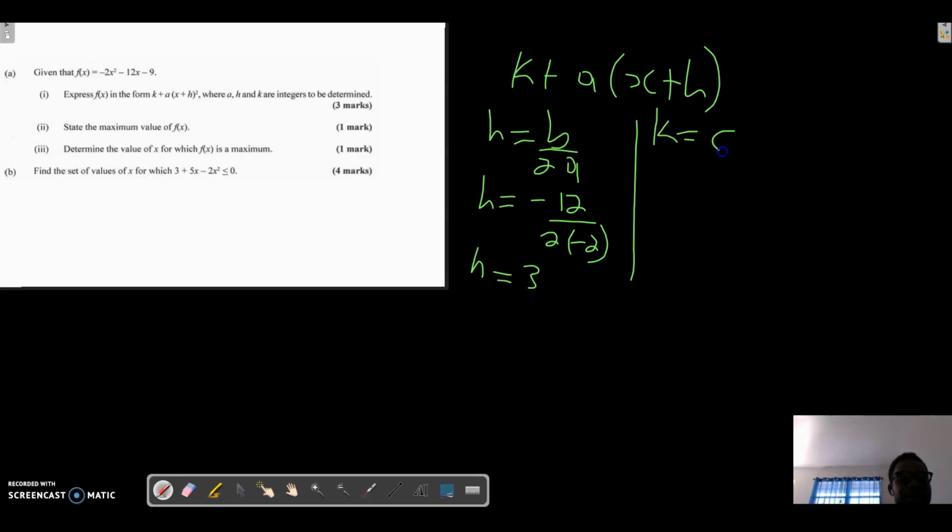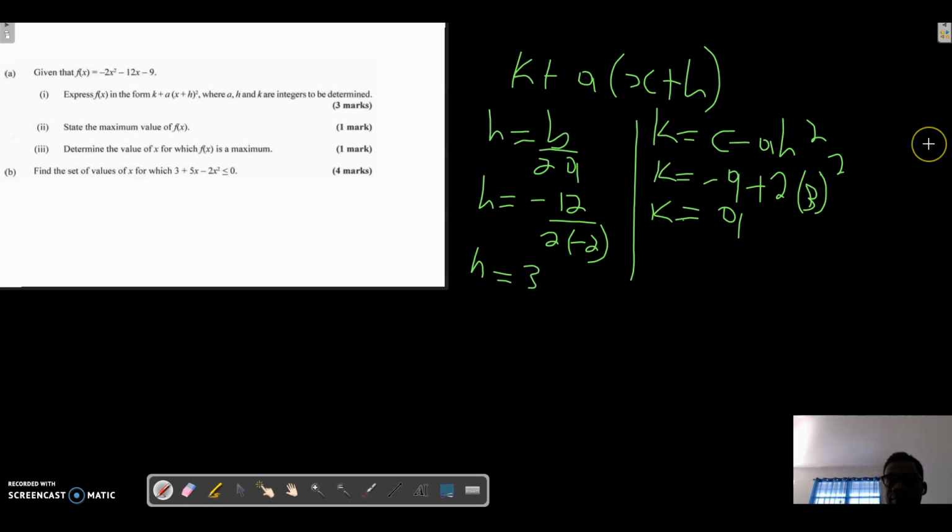k is equal to c minus a h squared. So k would be equal to c, which is negative 9, minus a, and since a is negative 2, you're going to end up with a positive 2 times h squared, which is 3 squared. So k would be equal to negative 9 plus 3 squared is 9, 2 nines is 18, so k is equal to 9.